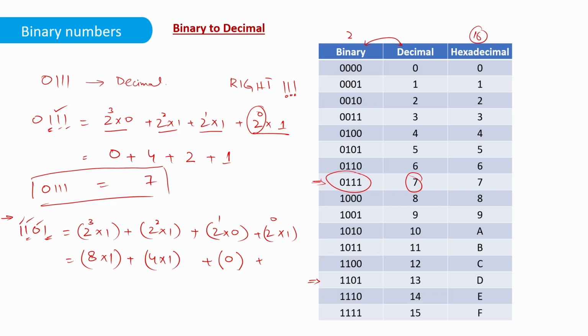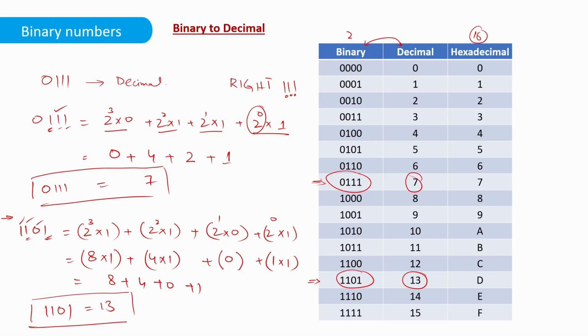So 2 power 0 becomes 1. So 1 times 1. So this becomes 8 plus 4 plus 0 plus 1. 8 plus 4 is 12. 12 plus 0 is 12. 12 plus 1 is 13. So we can see we got this result for 13, which is seen over here in this table.